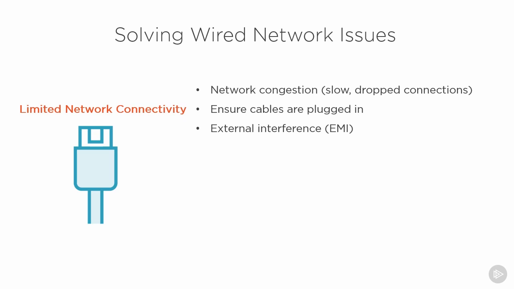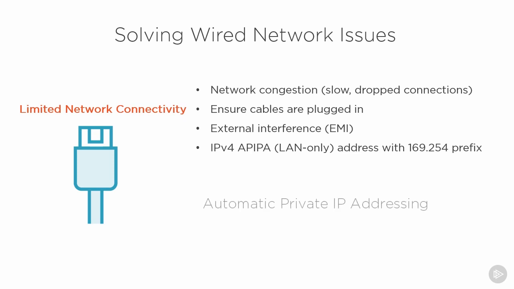Who is affected? Maybe it's the stations that are near sources of electrical noise, like large pieces of machinery on a factory floor. Then there's more of the software type of troubleshooting, and it wouldn't be specific to a wired network necessarily. Things like using TCP/IP version 4 addresses in the APIPA mode. APIPA stands for Automatic Private IP Addressing.